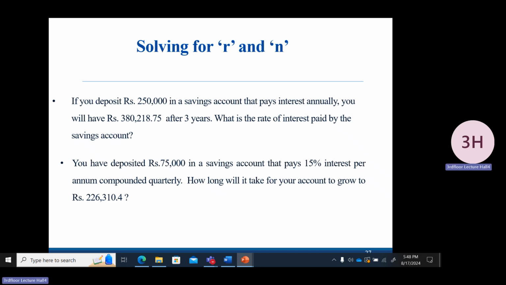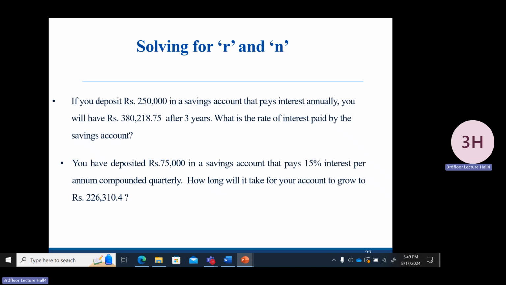You can simplify the formula by dividing by 250,000. You get 1.52. By dividing this, you get 1.52 equals (1 plus r) to the power 3.